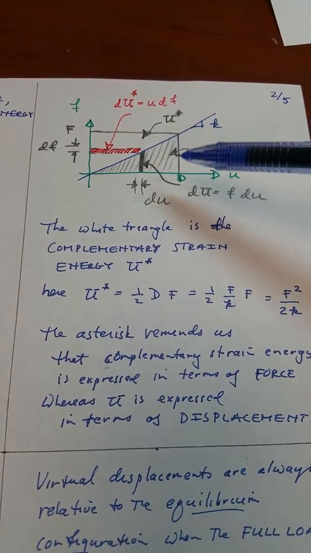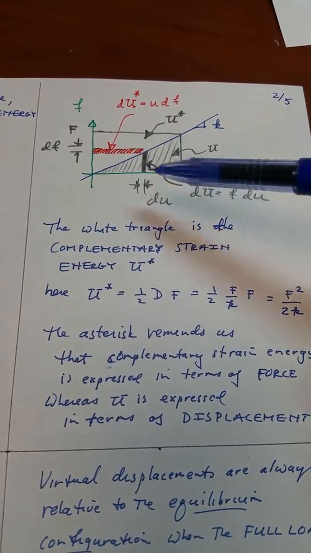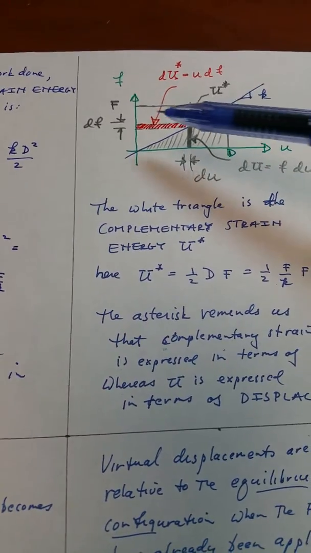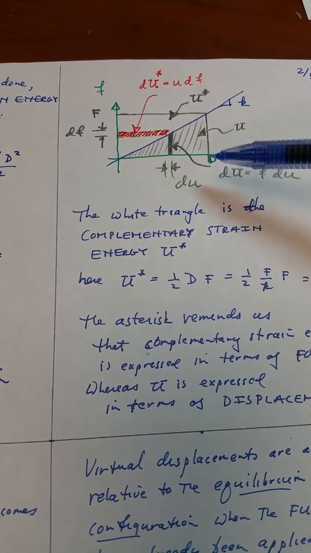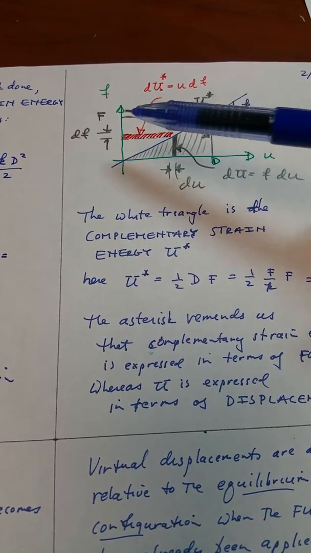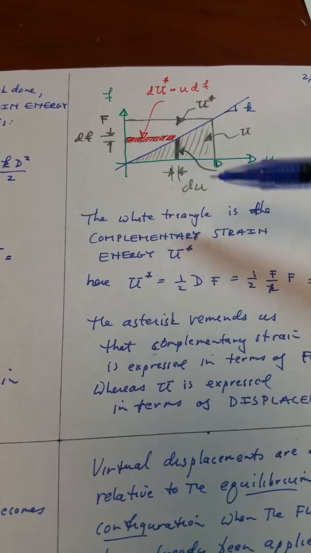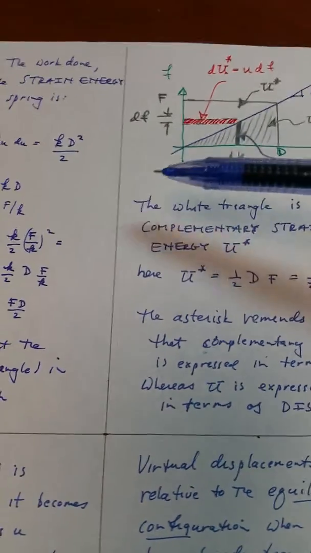So we have the shaded triangle in here being what we just found, 1/2 the base, which is the distance D here. You can see the capital D times the height. Height is F. So that's our shaded triangle. It's 1/2 the base times the height.